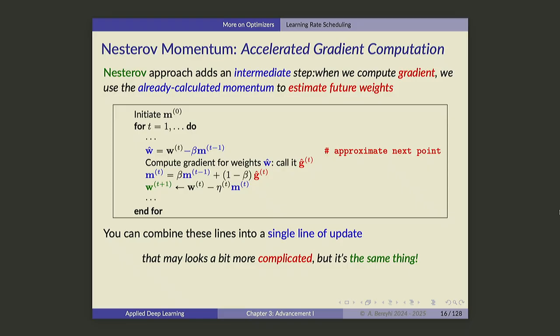So you don't need to do any extra computation. You have your previous momentum, and you just need to update your weights. It's saying that I already know that at the end of the day, I'm going to get to this point W hat, and from there I'm going to end up in W_{t+1}. So maybe I go there and compute the gradient closer to the point that I want, right?